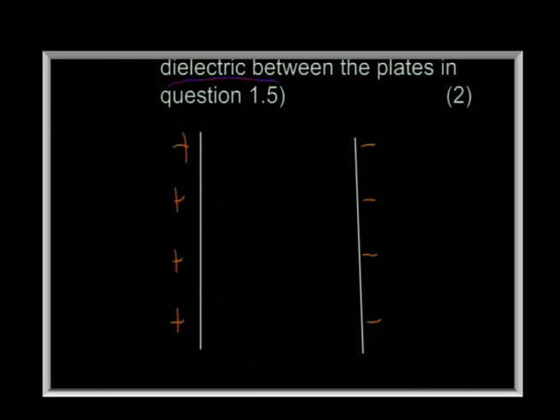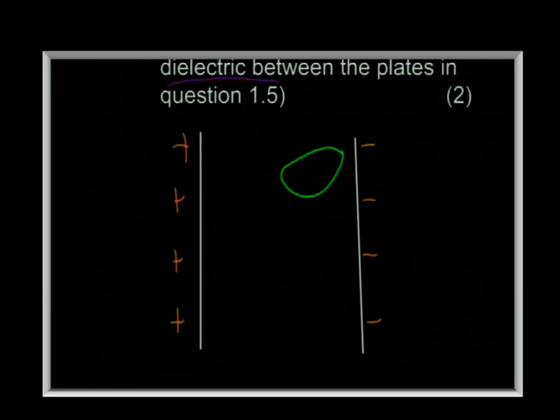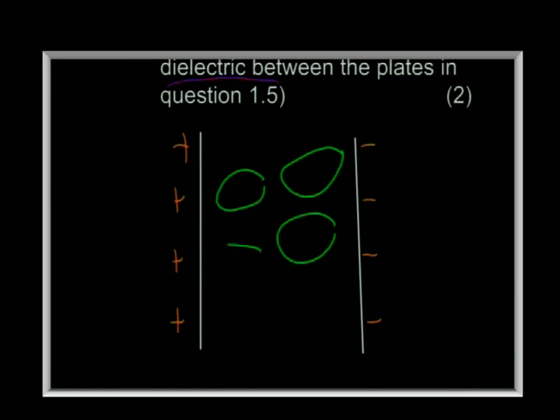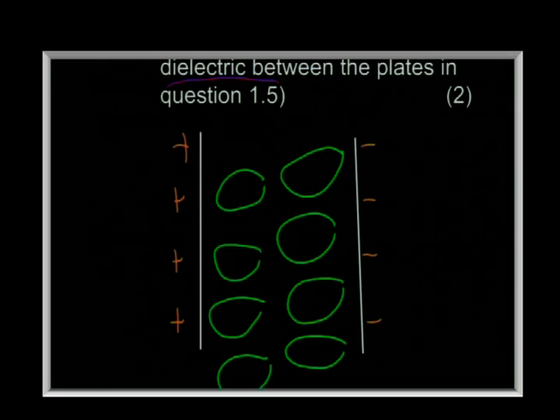Now, if we put a dielectric, that means it's an insulator, and I'm just going to choose a different color to show this. It could be paper, it could be plastic of some sort. It's an insulator. Means it has the same number of positive charges and negative charges in a neutral situation.